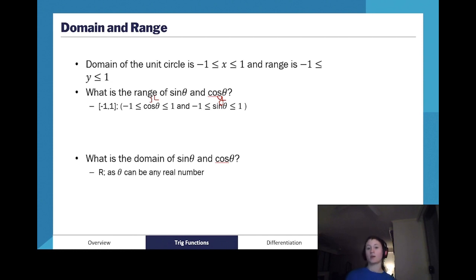Now, this is actually really important when you're getting into word questions. Because we know that the range of sine and cos is between -1 and 1, if you're ever asked to find a maximum or minimum value, you can use this, right?